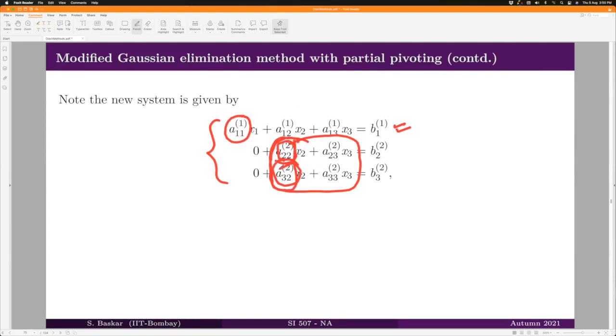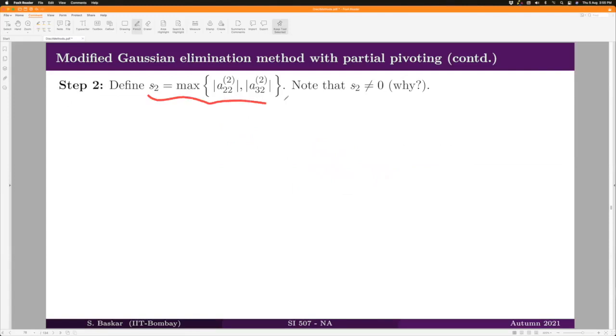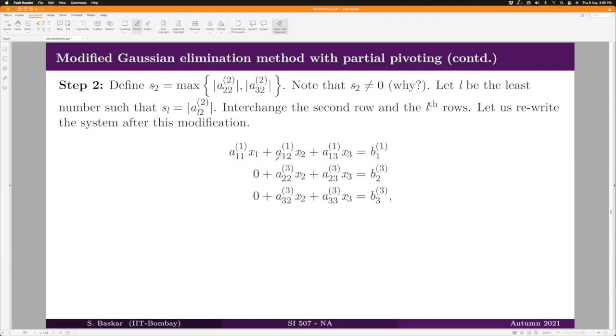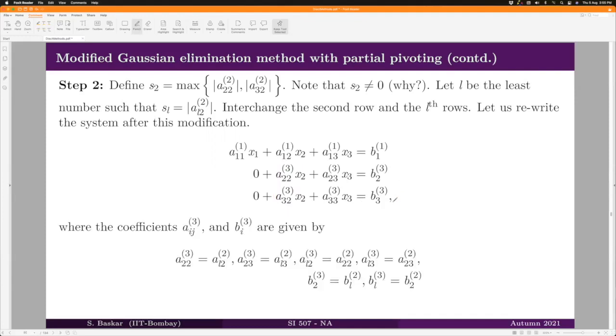Whichever attains the maximum, say this one, then push this to this position and this to this position. That is what we are going to do now. In the second step, you will take the maximum of the absolute values of these two coefficients, whichever attains the maximum will be interchanged among themselves, and the rest all goes as it does in the naive Gaussian elimination method.